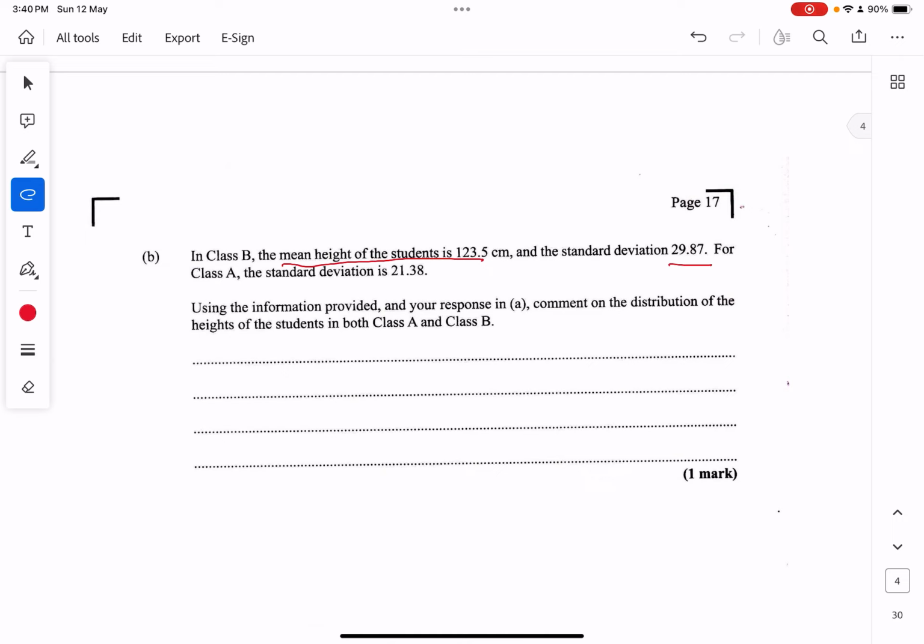Using the information provided in your response in A, comment on the distribution of the height of the students in both class A and class B. So basically your standard deviation tells you how far your data is spread from the actual mean, right?